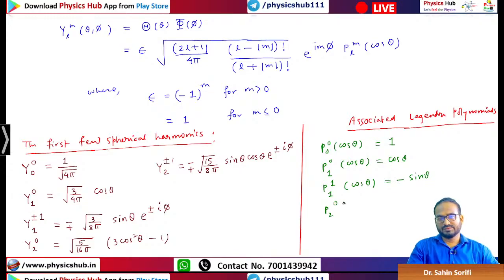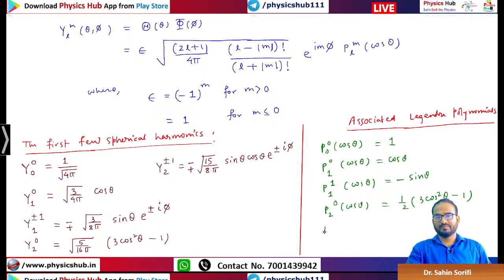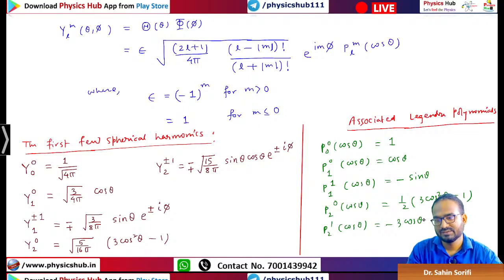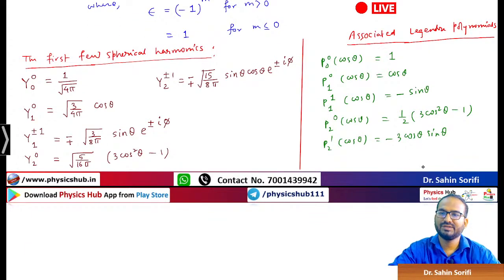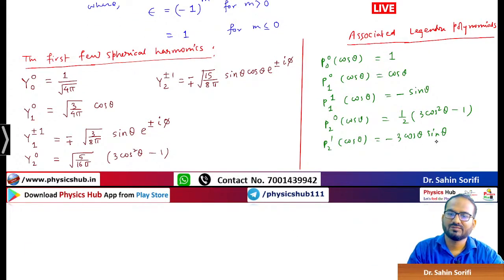P 2 0 of cos theta is equal to half into (3 cos square theta minus 1). P 2 1 of cos theta, this is just for your information, don't take too much stress about it, 3 cos theta sin theta. No need to remember, just for the sake of completeness, you just note it down.